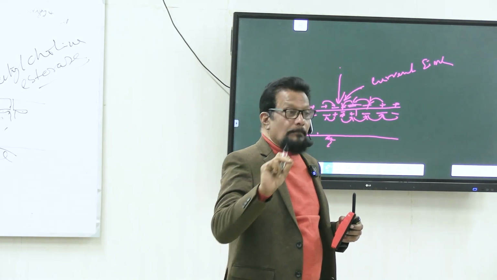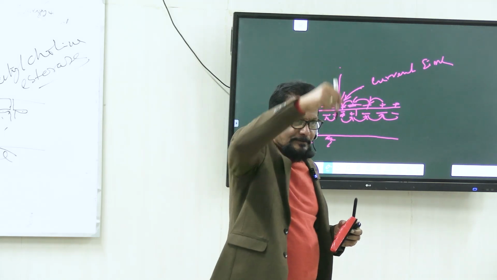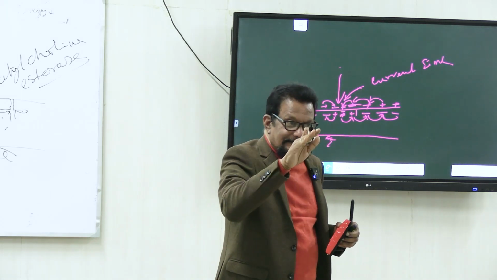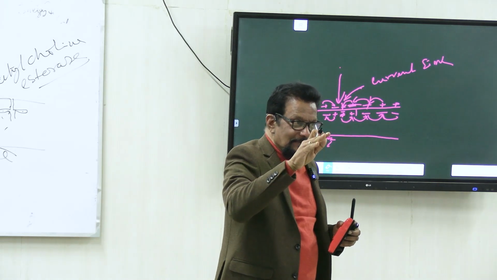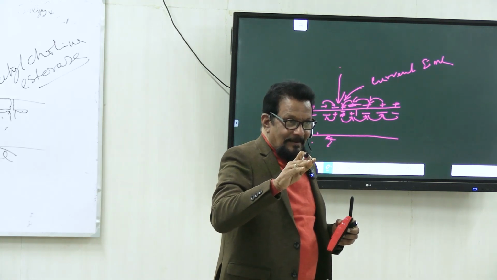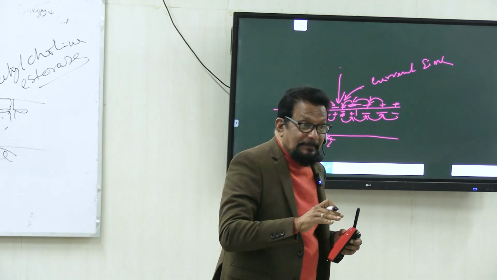Resting membrane potential of muscle is minus 80 millivolt. So if sodium ion goes on entering, it goes from minus 80, minus 75, minus 70, minus 65, minus 60, minus 55, minus 50.